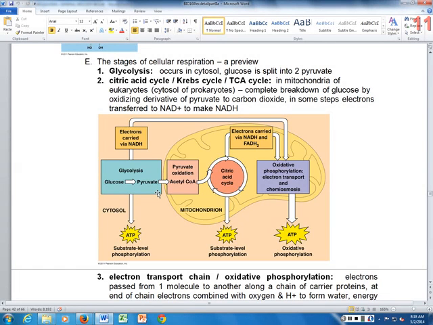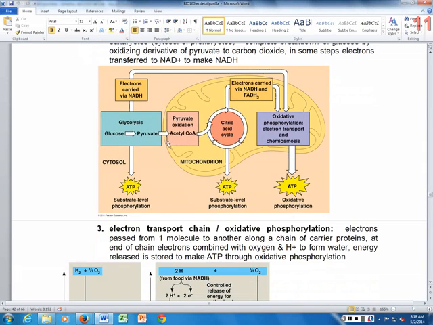And then finally, in the last step here, the electron transport chain, we are going to deal with all of those electrons that we've made, and we're going to let these electrons go to a happier place, and in exchange for doing that, they're going to end up giving us the energy to make more ATP.